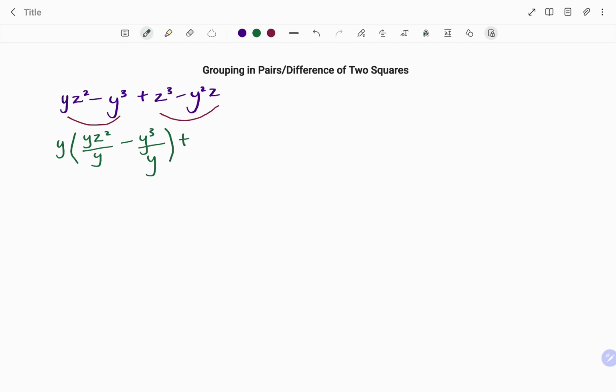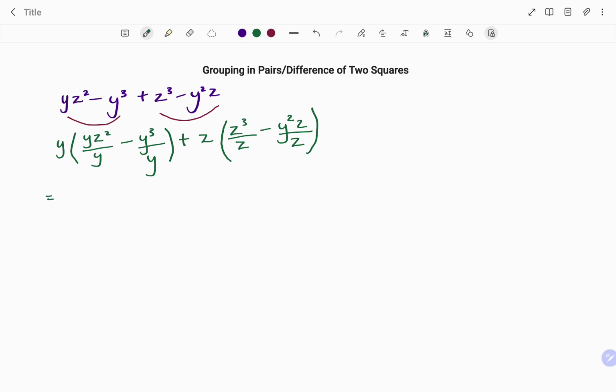I have my plus. Then if you check the next term, the common factor is z. So I factorize z, the common factor, and divide all the terms in the bracket by z, which is the factor I took out.